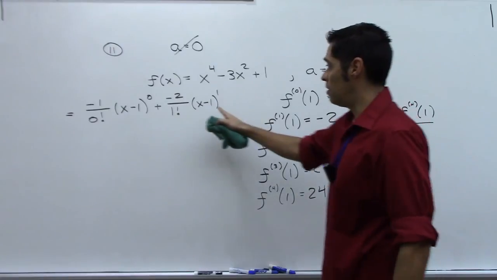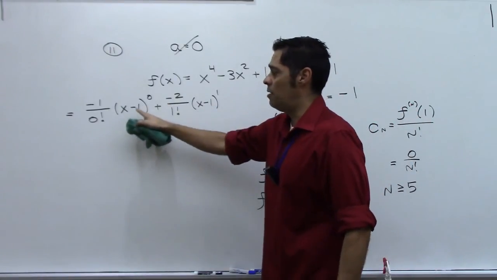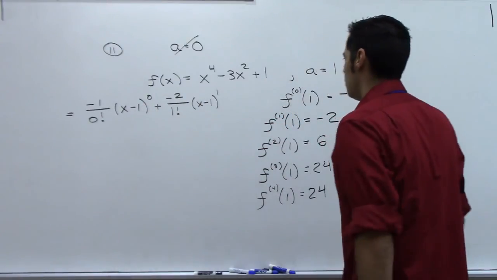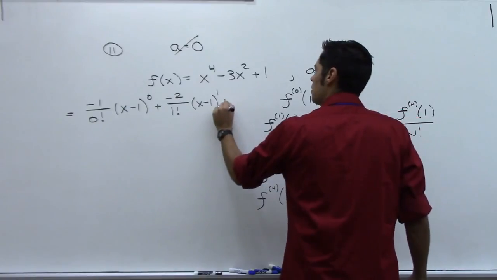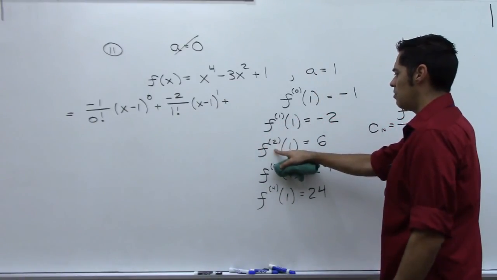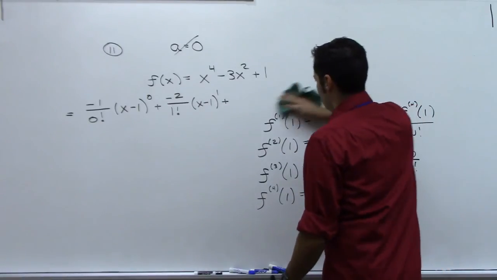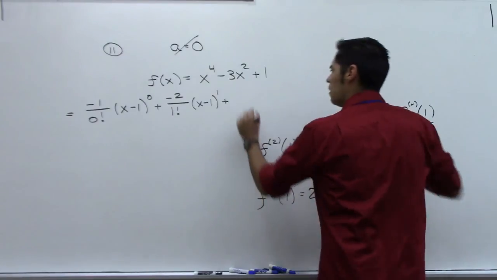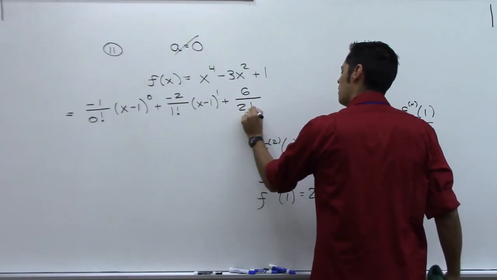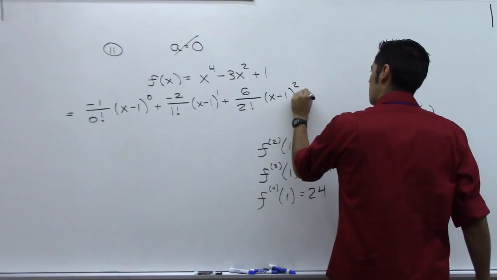See, it's not a Maclaurin series, so these powers here are going to have to be on the binomial x minus a, not just x. And then I have plus, let's see, I'm letting n be 2 now, so I'm in my second derivative at 1, which is 6, over 2 factorial, and then x minus 1 to the second.